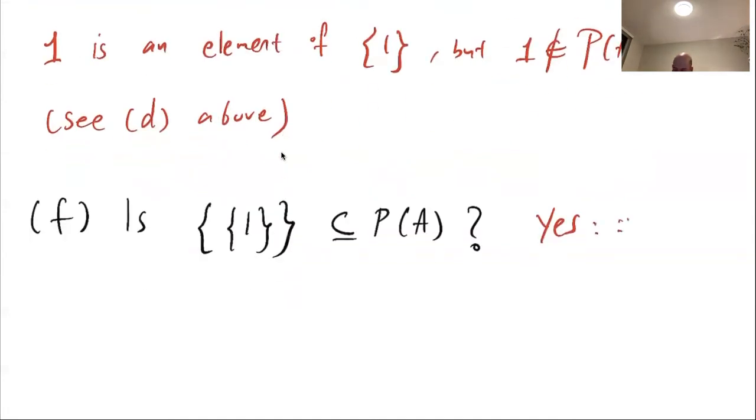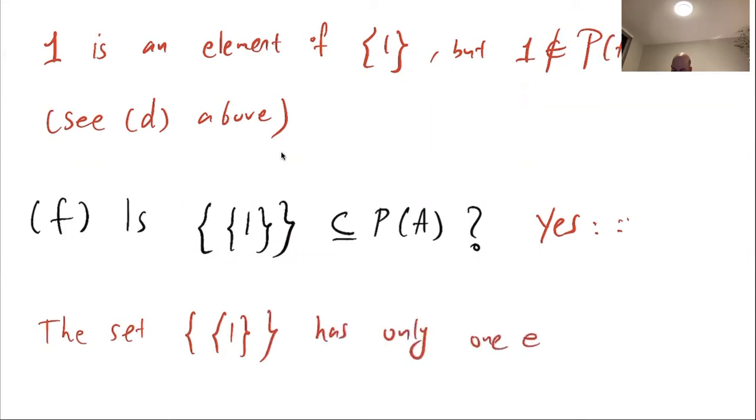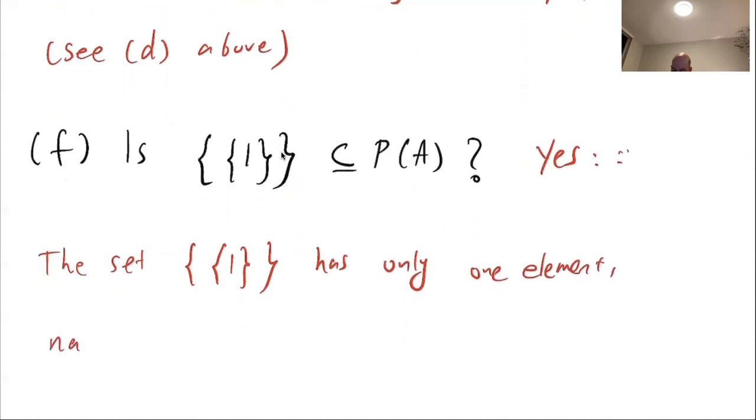So since this set has only one element, what is it? Namely, this is the set of which element? This is a set with only one element, because there is no comma, right?